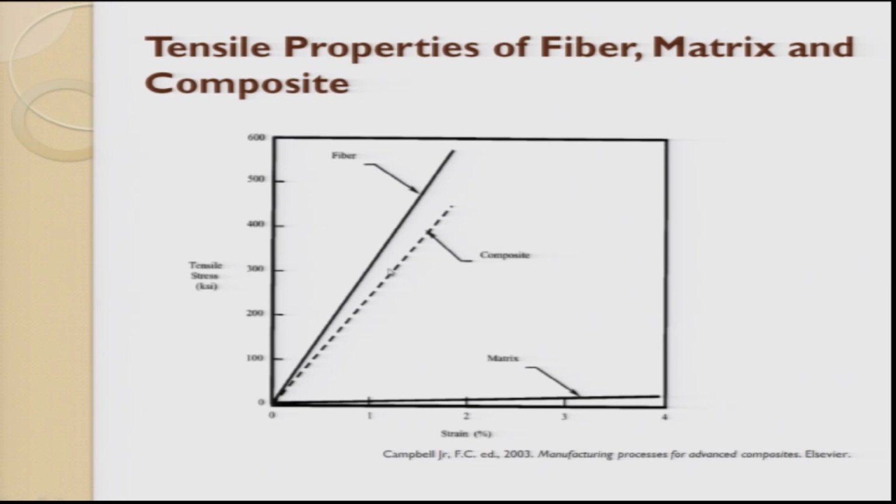You can see a composite which has a property less than the tensile stress of the fiberglass and above the matrix. Now you should be able to appreciate the properties of a composite with respect to fiber and matrix. You can keep changing this strength property, moving towards this side or this side, depending upon the volume fraction. So volume fraction also plays a very important role.